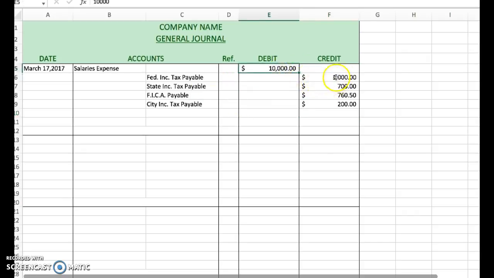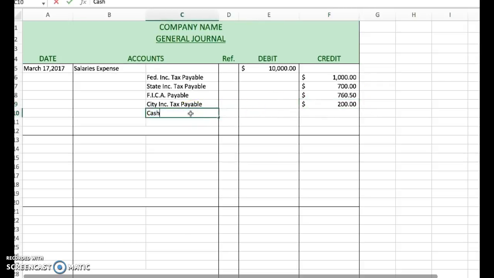So we've withheld money for federal, state taxes, for the FICA, which is Social Security and Medicare, and also city income tax. So all of these amounts are money that the employees earned, but we held it out of their pay because we will pay it for them at some point. We'll talk about that later.